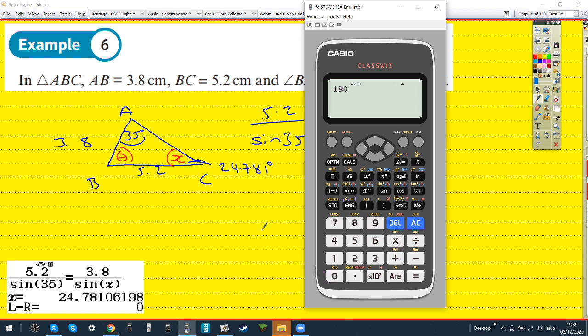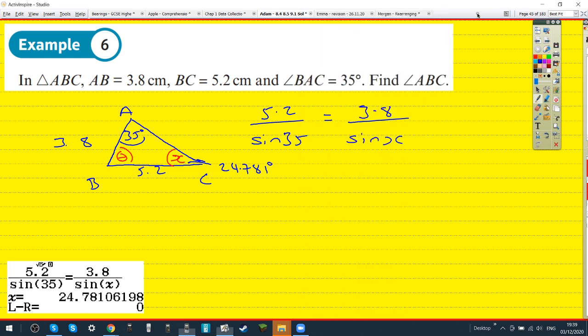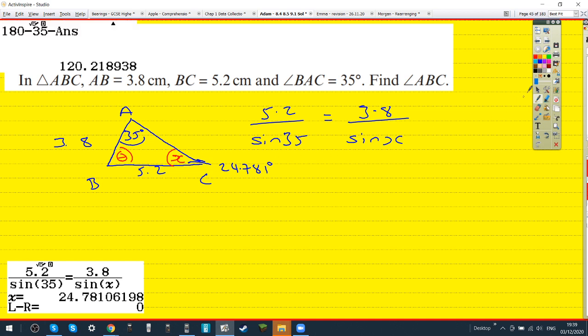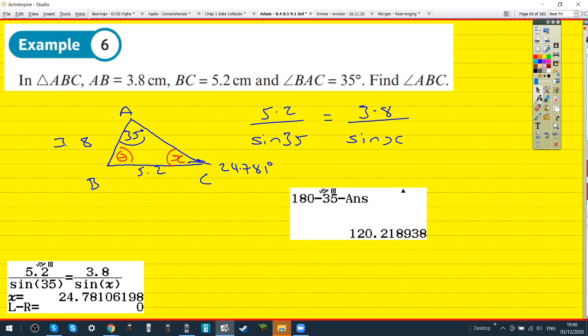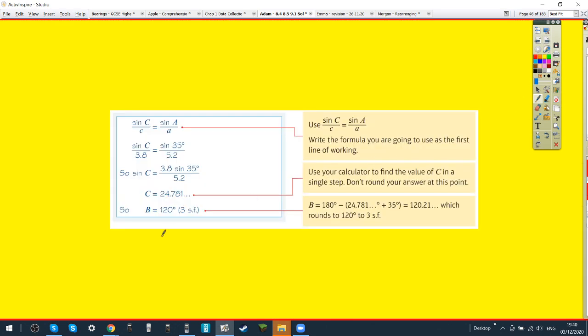And then 180 minus answer, which is 120.218 or 219 degrees, rounded to 3 decimal places, or 5 sig fig. And so it's the final answer, so what would it be to 3 sig fig? 120 degrees. Yep. 120 degrees, 3 sig fig.